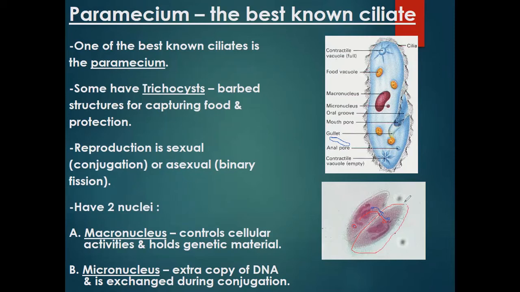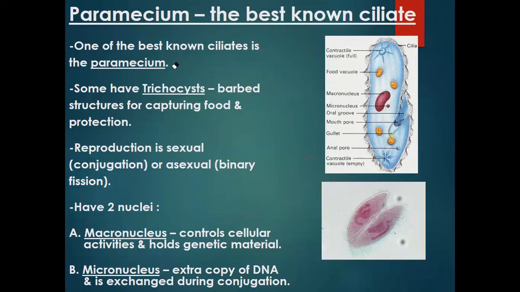Afterwards, each cell will undergo binary fission. Once a cell receives the micronuclei, it divides into another copy of paramecium, so from one cell they produce two cells. It can be a single binary fission or multiple binary fissions in a certain period of time. That is the asexual reproduction of ciliates.